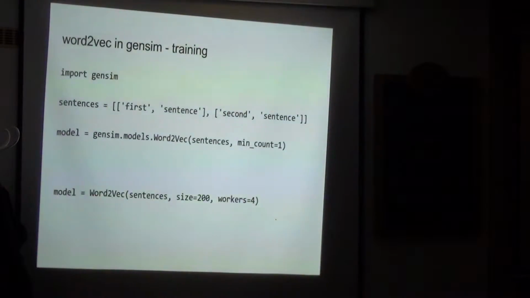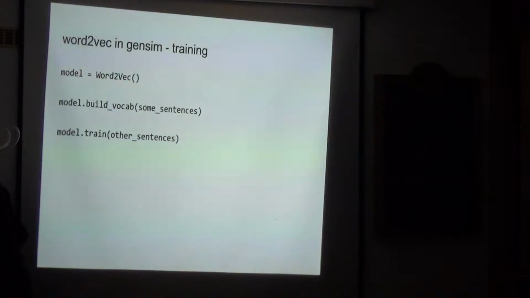And next we have multiple parameters that we can tweak. For example, size of the vectors. So basically, what's the capacity of our model? What number of features can we represent? And workers means how many parallel threads do the learning. Okay, so apart from that, we can just create the object without training at the same time, because we can have different sets for building vocabulary and for training.